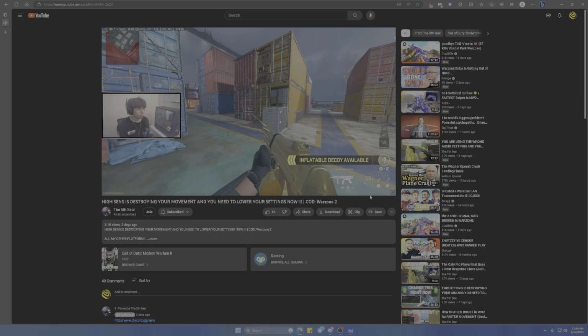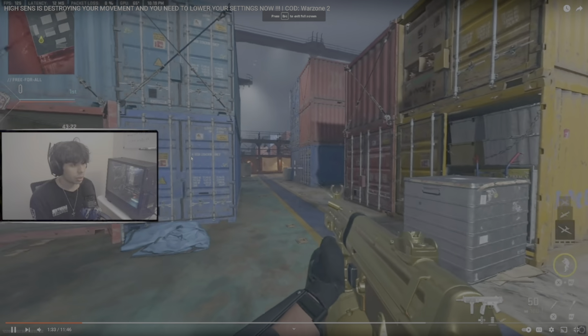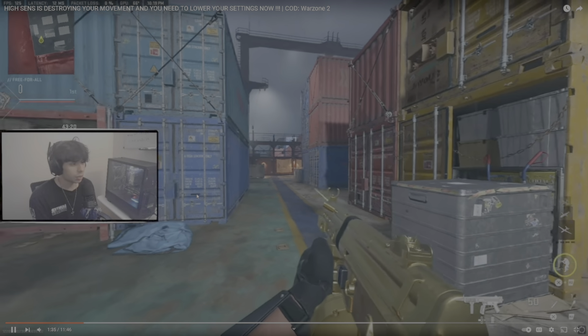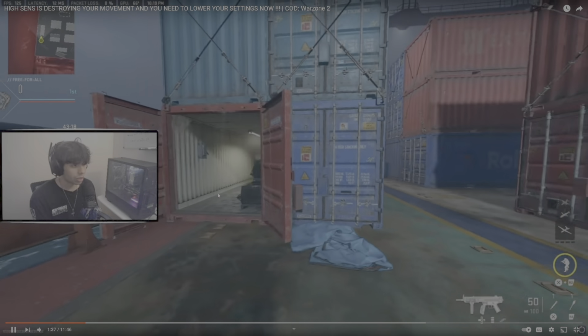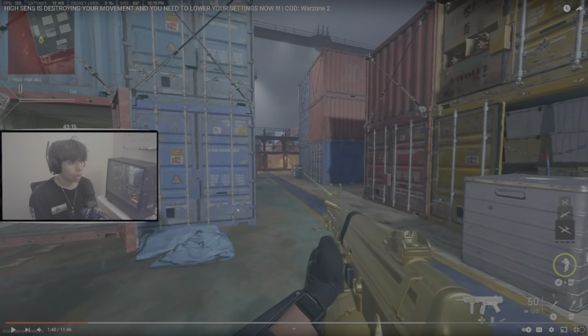So the big advantage that high sense does have is, yes, you could turn fast. Let's just say someone's over here. If I'm on a higher sensitivity, I'm going to be able to look to the left, run over here, then immediately look to the right, and then run over there. But I don't think the goal is always to just look fast. I think it comes to how much you want to move your thumb, and how you prefer your dead zones is another important thing.